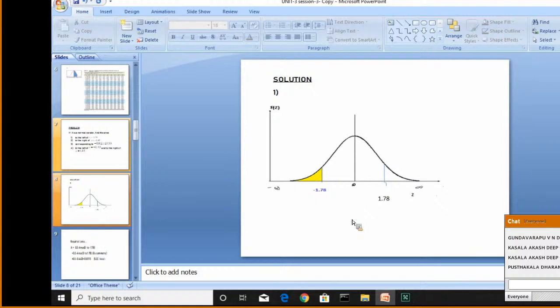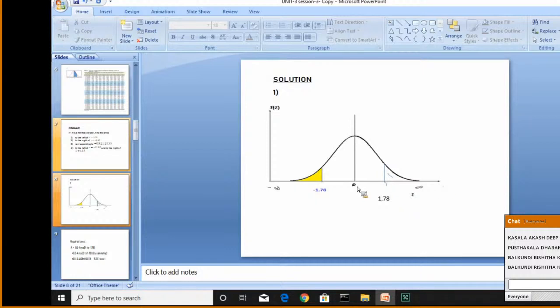Now I will tell you how to find the area. I will not think about the negative part, since our table talks about the positive one only. That is why I want the area of this portion. I know the area from 0 to infinity is 0.5.